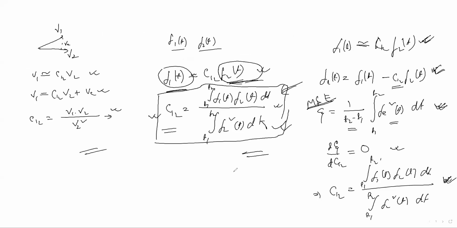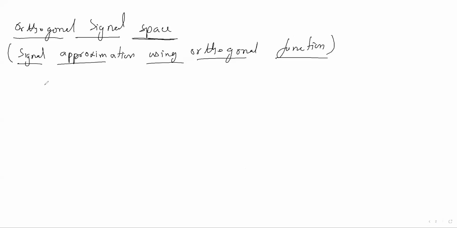till now we have learned only when two functions are given, representing one function in terms of the other. If we have to represent a function in terms of multiple functions, what will be the derivation? Okay, so let's suppose g1(t), g2(t), up to gn(t).